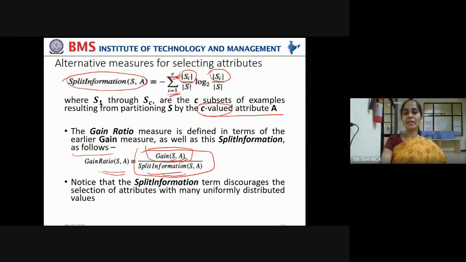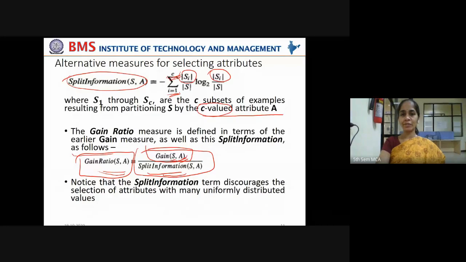In order to avoid that, the scientists have formulated this gain ratio. That gain ratio is the information gain with the training examples when A is taken as the split point, divided by the split information when A is taken as the split point.